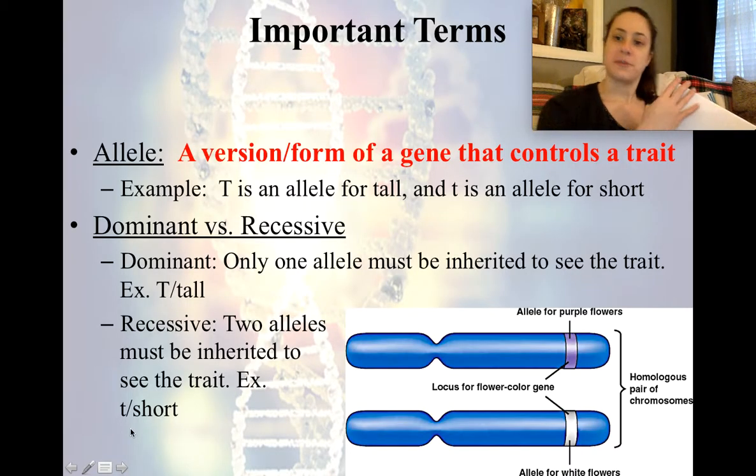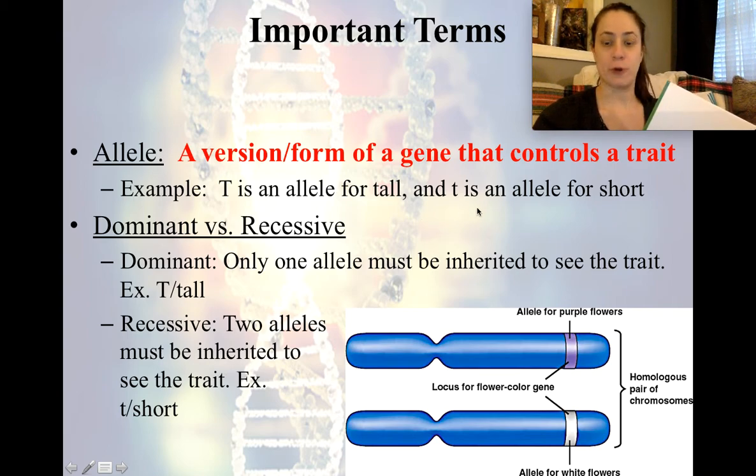So an important term that you'll see as we get further into genetics is the term allele. An allele is just a version or form of a gene that controls a trait. These are a homologous pair of chromosomes. This and this, both of these, are single chromosomes.